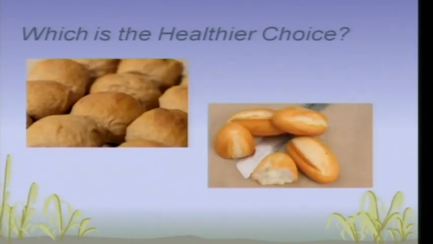Okay, so you had already mentioned this one earlier, but on the left side, it doesn't look like it in the pictures though, we have the whole wheat roll versus a white roll on the right side. So what would be a healthier choice? If you were the patient, what would you say? The whole wheat, because it's a healthier choice because it has what? More fiber.